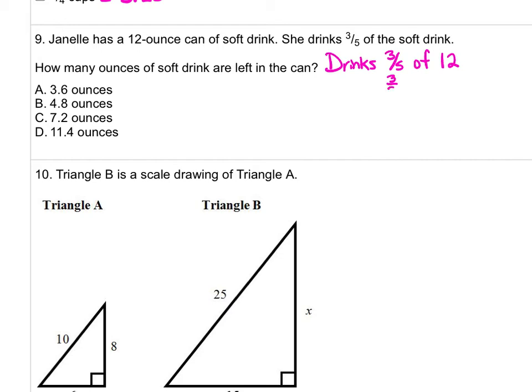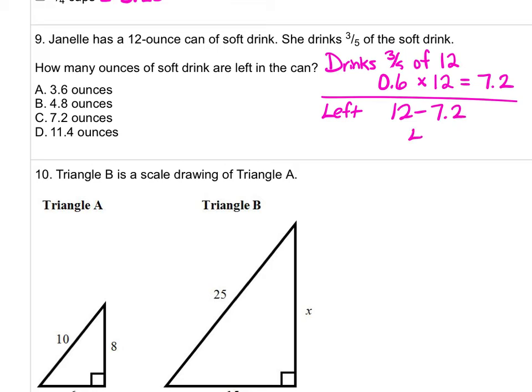So 3/5, which we could change to a decimal, is 0.6 times 12. And when we multiply that, we get 7.2. So that's how much she drinks. So what's left? 12 minus 7.2, which is 4.8 ounces.